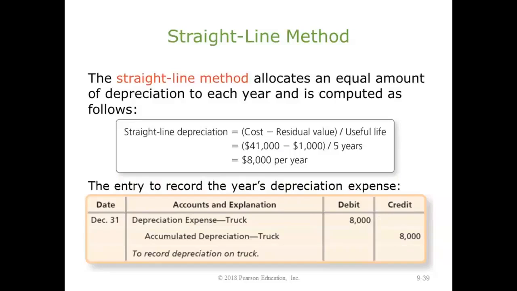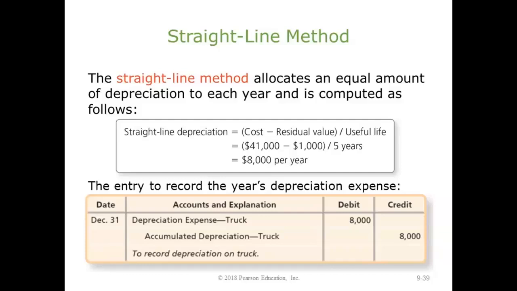With straight line, it allocates an equal amount of depreciation to each year. Normally it's computed as cost minus residual value divided by useful life. In this case, we've got $41,000 minus $1,000, so my depreciable cost is going to be $40,000. We'll divide that by its useful life of 5 years.